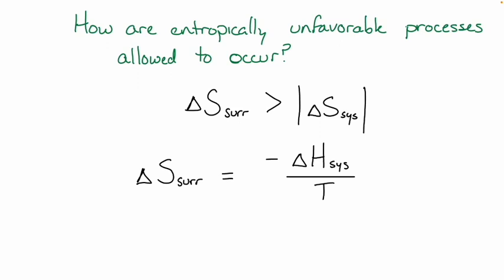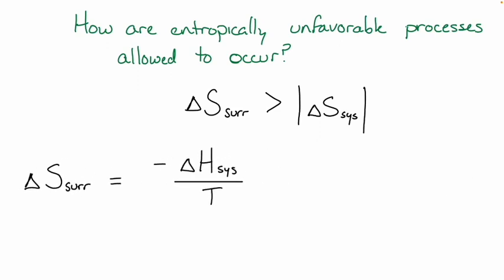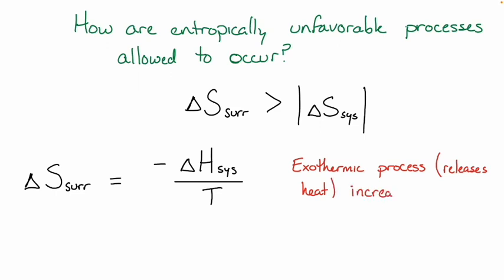What this equation is basically saying, in regular speak, is that an exothermic process, something that releases heat, increases the entropy of the surroundings.